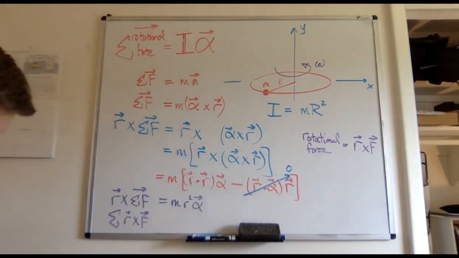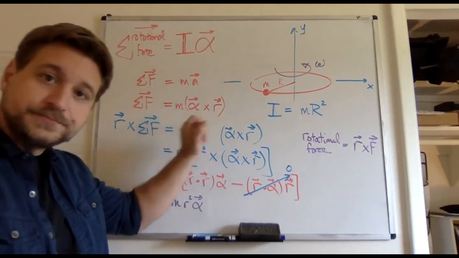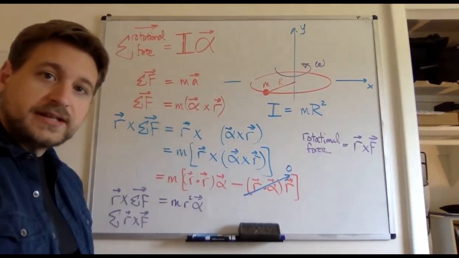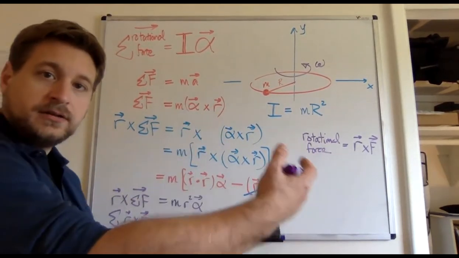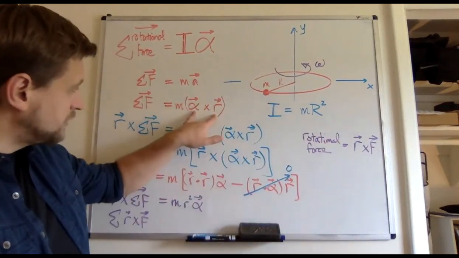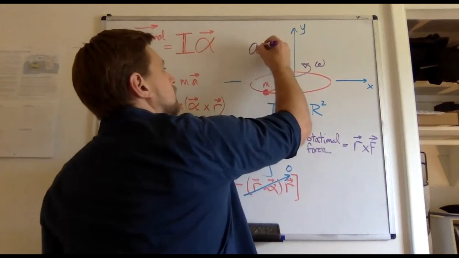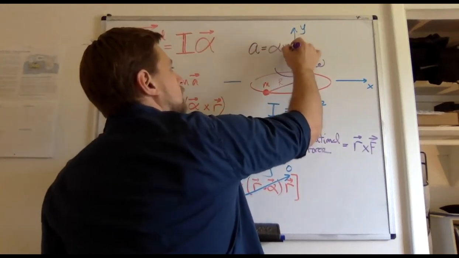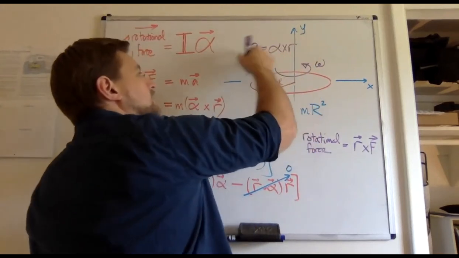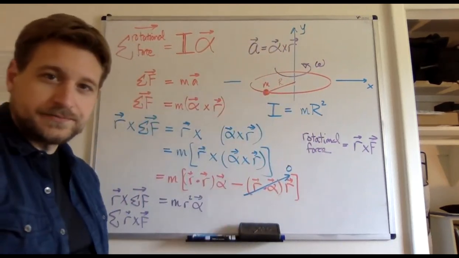The way I remember which comes first, R or the other thing, is whether we're trying to get to linear or to rotational. Here, we're trying to get from rotational to linear. The vector on the other side of the equals is linear.